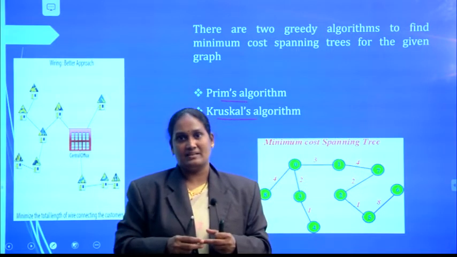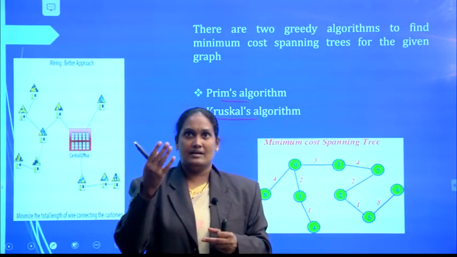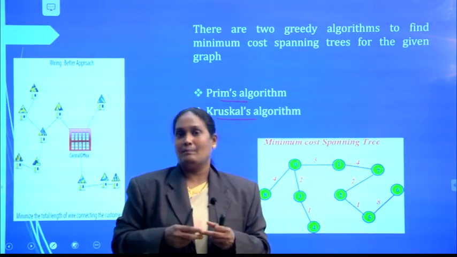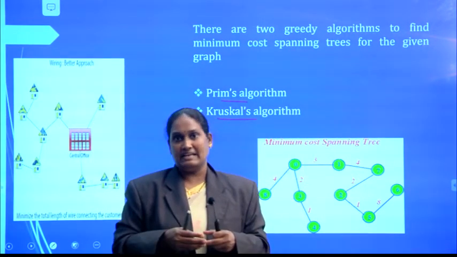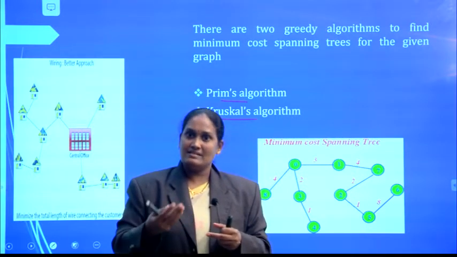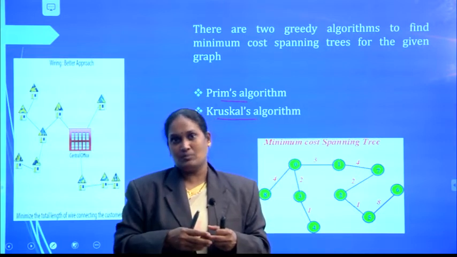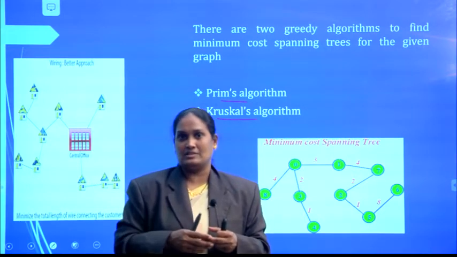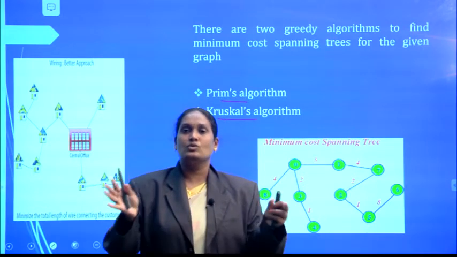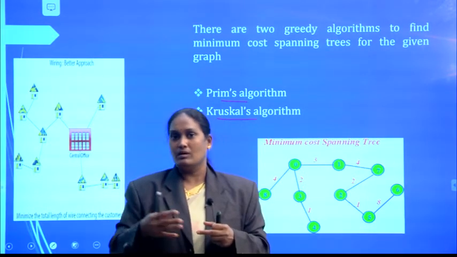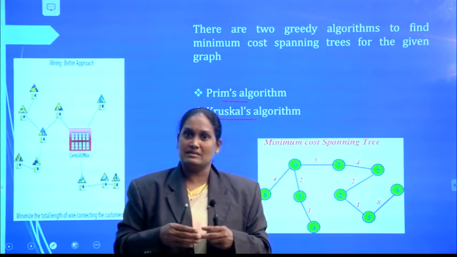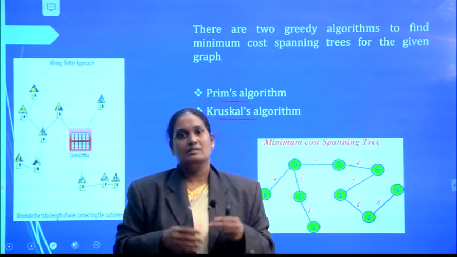In the same way, in a city, if you want to establish a MAN, that is a metropolitan area network, you can use this. In the same way, in television broadcasting, dish connection, you can give dish connection by following this minimum cost spanning tree to reduce the cost of wiring. So minimum cost spanning trees also have some real-time applications.